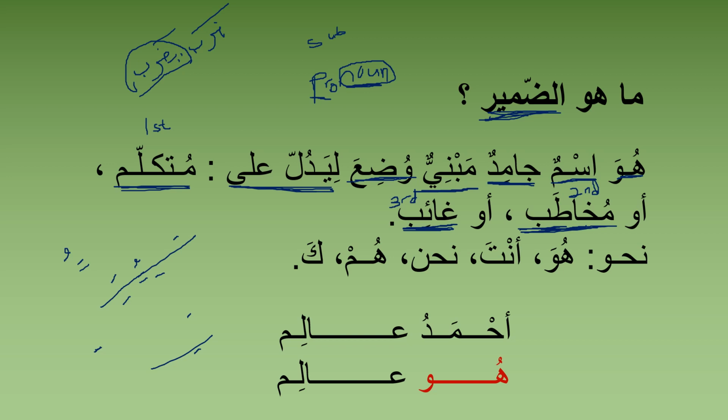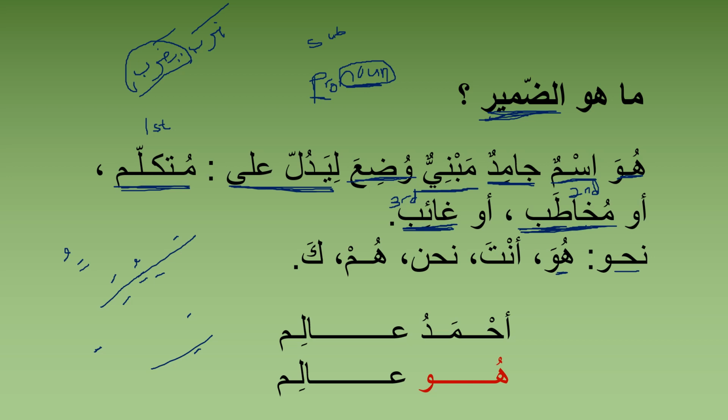Huwasmun is a name jamid, that is not derived from another name, mabniyun, whose last letter is always taking one haraka. So wudi'a liyadulla ala mutakallim is created or formed to be referring to mutakallim, the first person, or mukhatab, or the second person, or gaib, or the third person. So example of that is nahawu huwa, is huwa. Huwa, for example, is a pronoun.